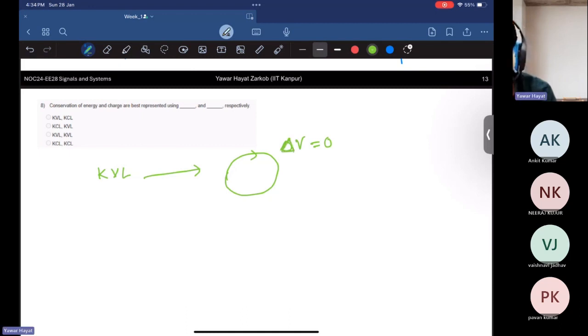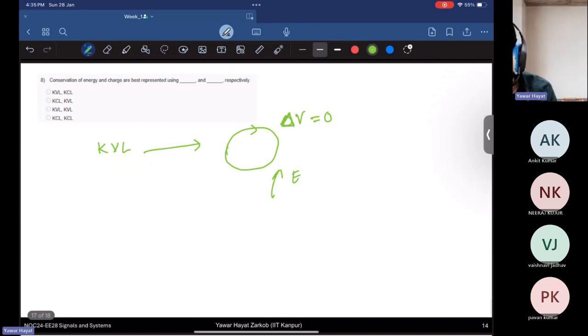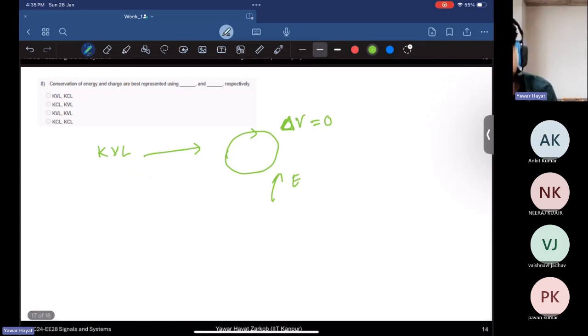I'll represent the voltage change by delta V. And this is consistent with the conservation of energy, right? As it implies, in other words, that the energy supplied by the voltage source is equal to the energy consumed in the circuit, right? You can say that KVL is, in essence, the manifestation of this conservation of energy in electrical circuits.